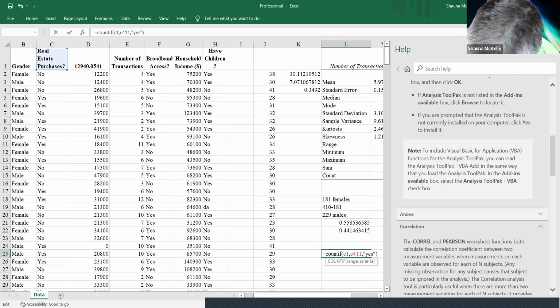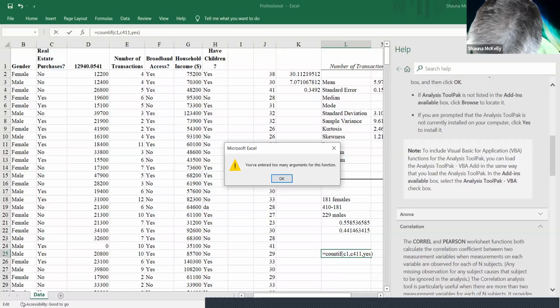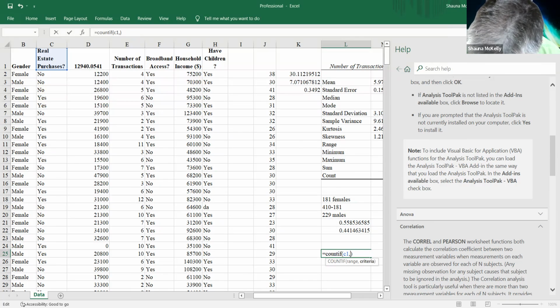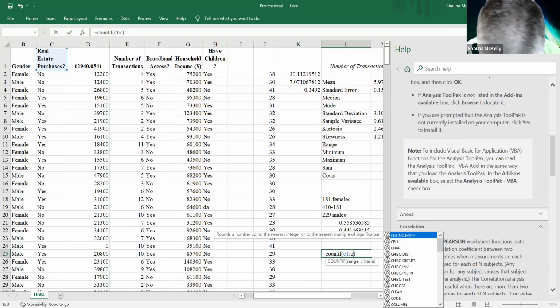Maybe it thinks that these are superfluous. Let's see. COUNTIF C1 to C411 here.